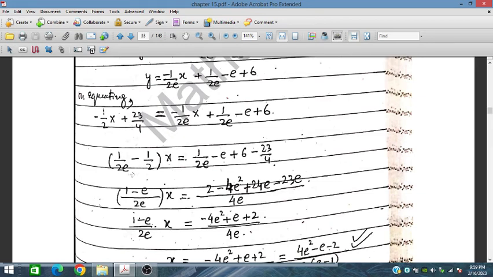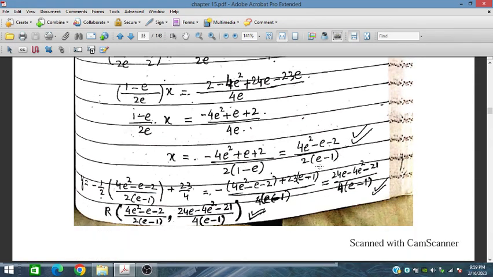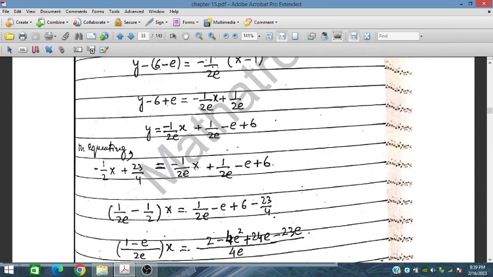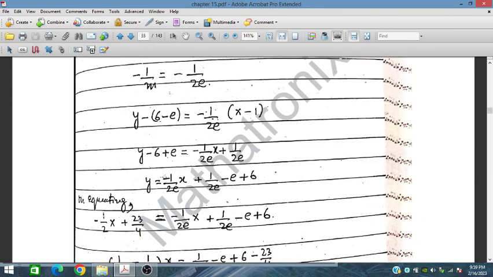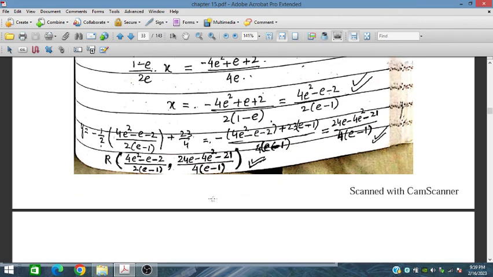From this we obtain x as (4e^2 minus e minus 2) divided by (2e minus 1). On solving this, the x value is obtained. Similarly, placing it in the equation, the y value is obtained as this. So the point R is ((4e^2 - e - 2)/(2e - 1), (24e - 4e^2 - 21)/(4e - 1)).